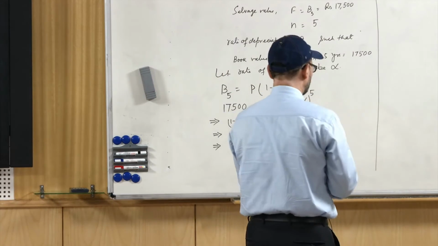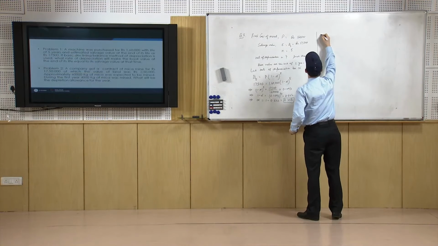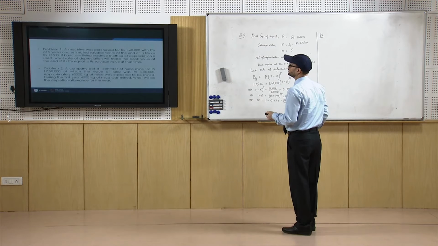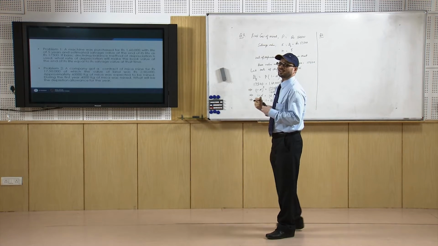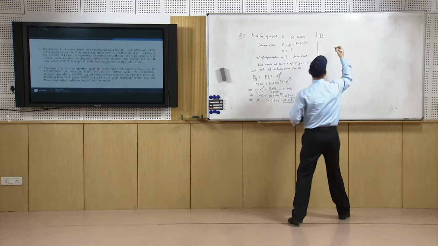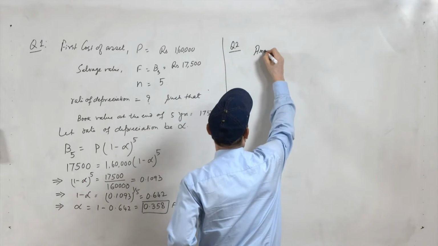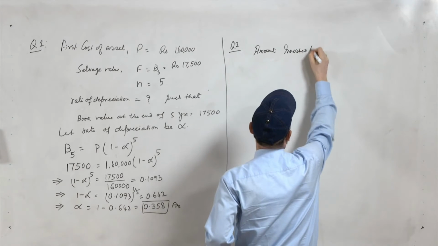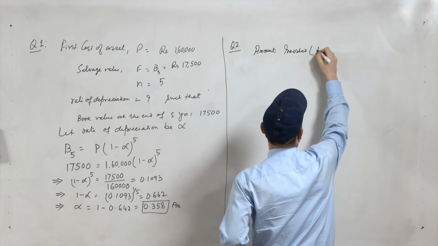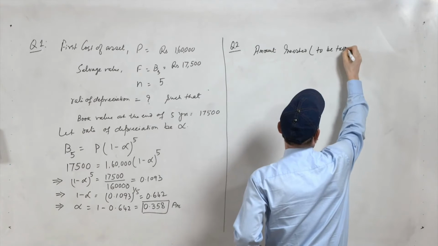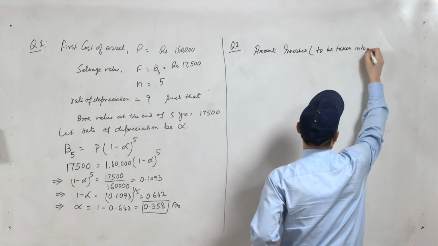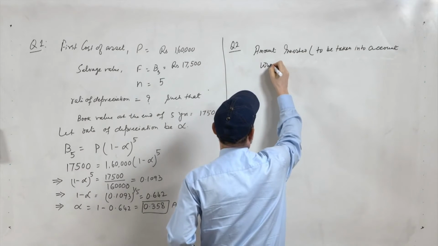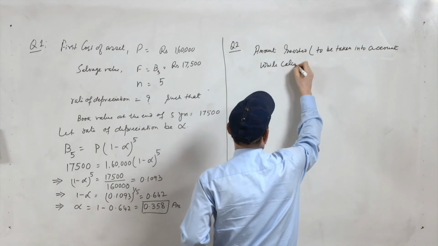In this question, the amount which was initially invested is to be taken into account while calculating the depletion allowance.